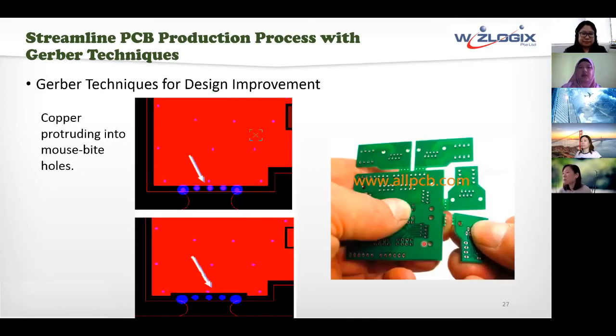And then for mouse bites, okay, mouse bites are essentially a few holes drilled onto the edges of the board to allow you to do a manual separation of your PCB board, so that your PCB board can be manufactured in a panel mode, and then when it arrives to you, you can dismantle or break them off and use them as required.